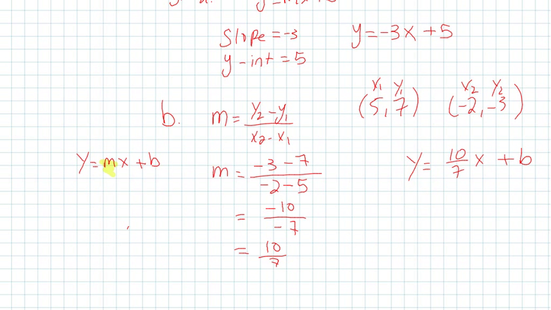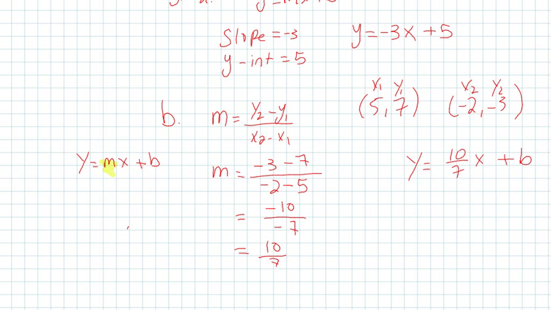What did the question give you? It gave me an x and a y. They gave me two of them actually. All I have to do is pick one, either this or this, plug it in for x and y, and solve for b.